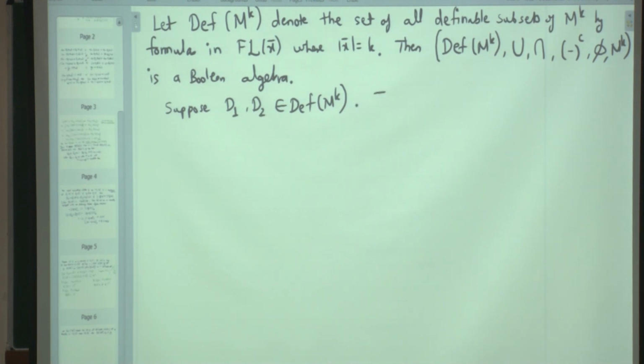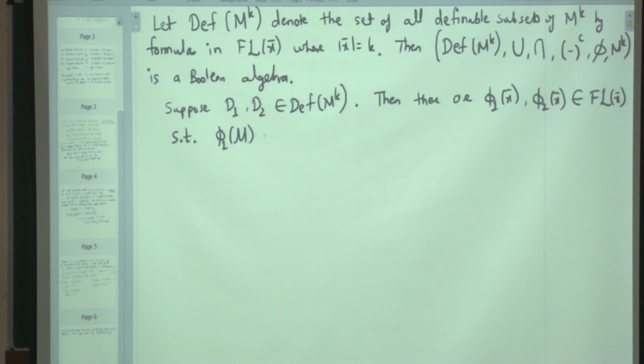Then there are phi 1 x bar, phi 2 x bar in FL x bar such that phi 1 of M is equal to D1 and phi 2 of M is equal to D2.